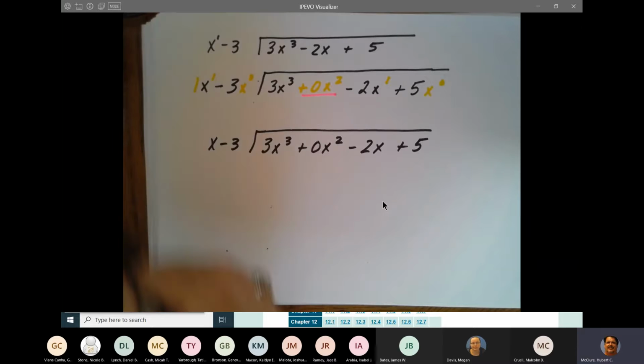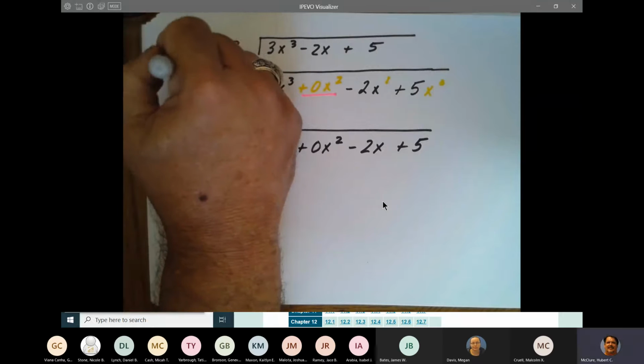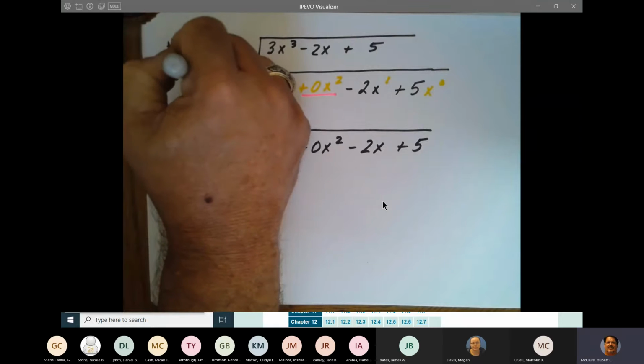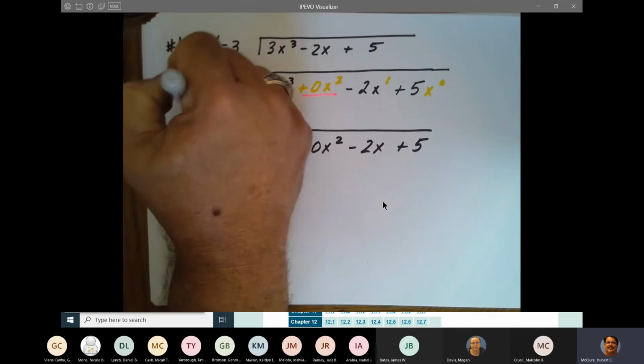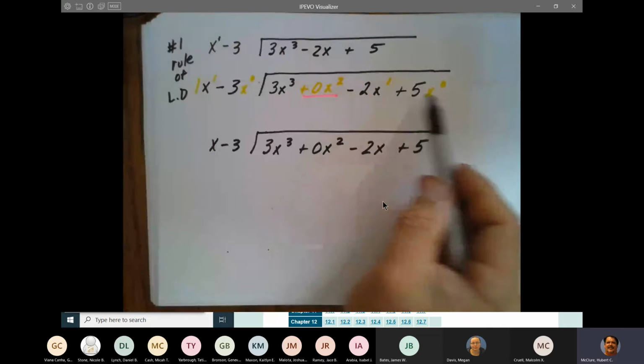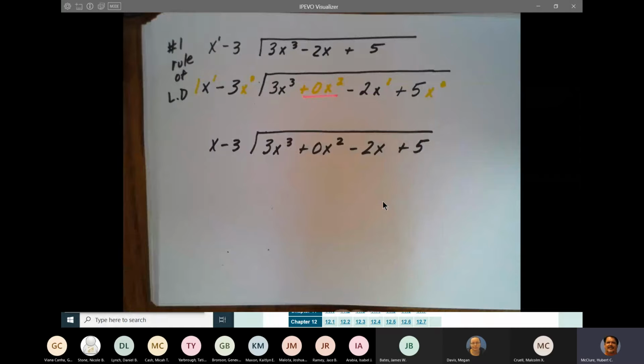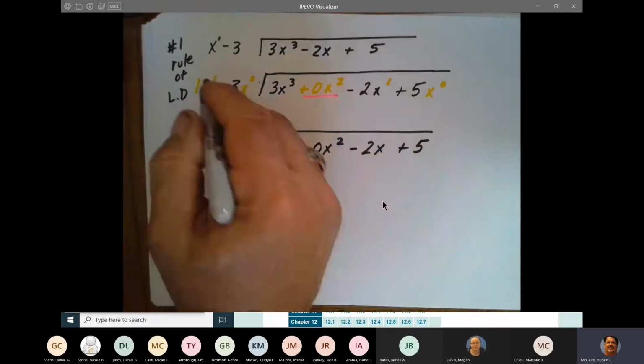So this right here is the number 1 rule of long division. Now I put a baby step in there, but that's how you're supposed to do it, whether you do it in your head or whether you do it outright.